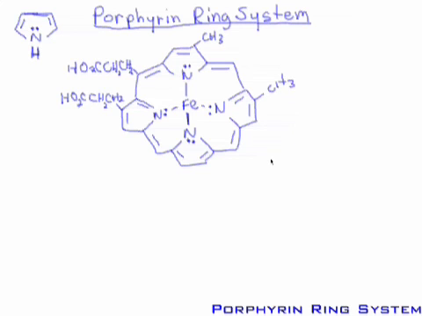Then we've got this huge side chain which is attached to a protein, CHS, CH2, CH, CO, and I'm going to just put a squiggle here, NH.